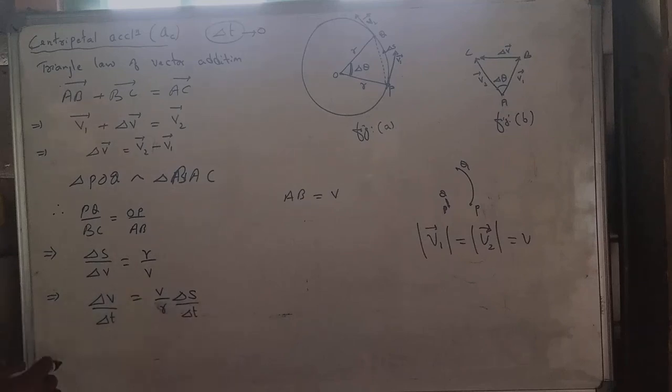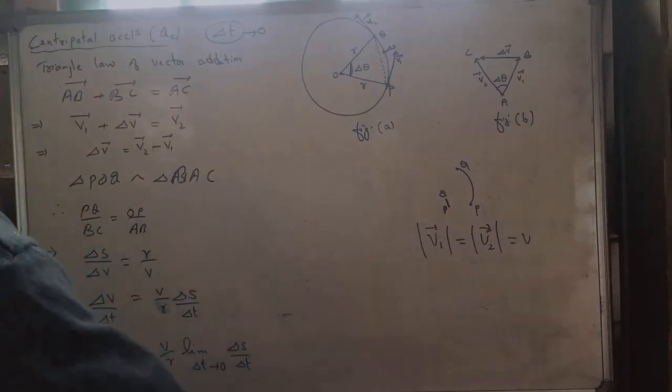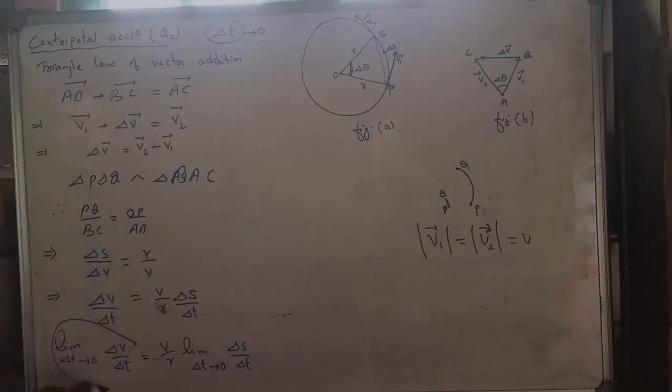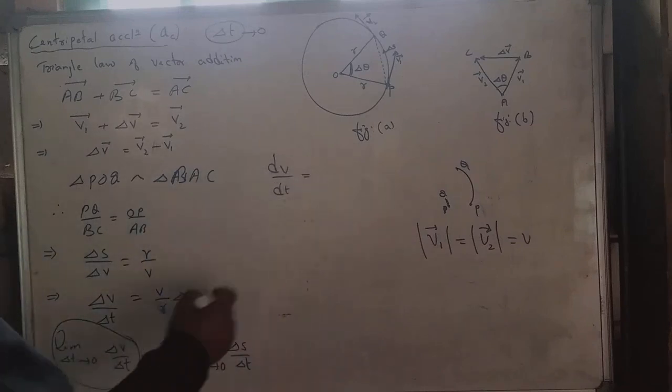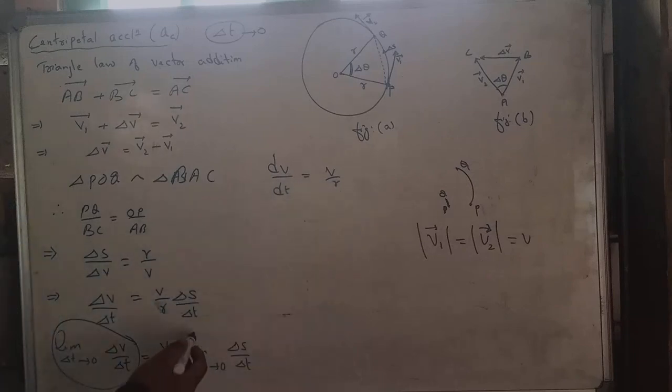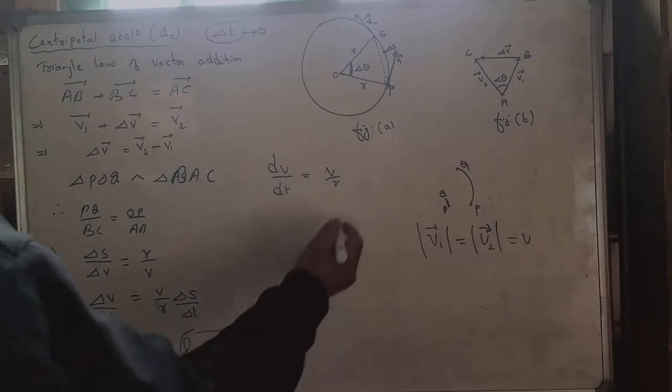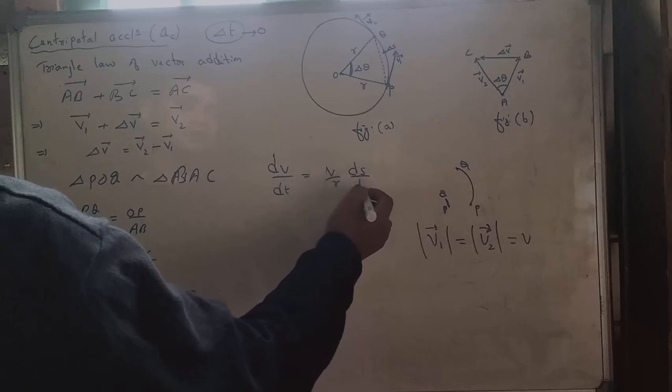Now taking the limit on both sides as delta T tends to 0, you get delta V upon delta T equals V upon R, and the limit of delta S upon delta T. Limit delta T tends to 0 of delta V upon delta T is equal to dV by dt. This is equal to V upon R, and this limit of delta S upon delta T is ds by dt.